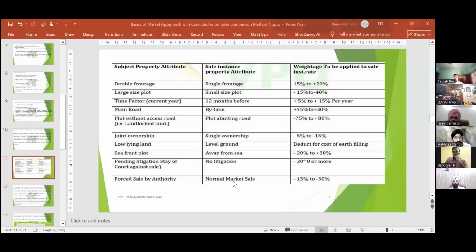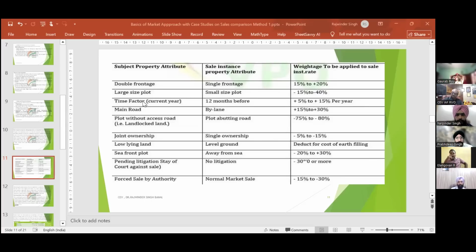This is just a thumb rule: if the subject property you are valuing is of double frontage, and the sale instance property of which you collected the data was of single frontage, you will apply a plus 15 to 20% weightage. To bring it to the same level, we apply positive weightage.